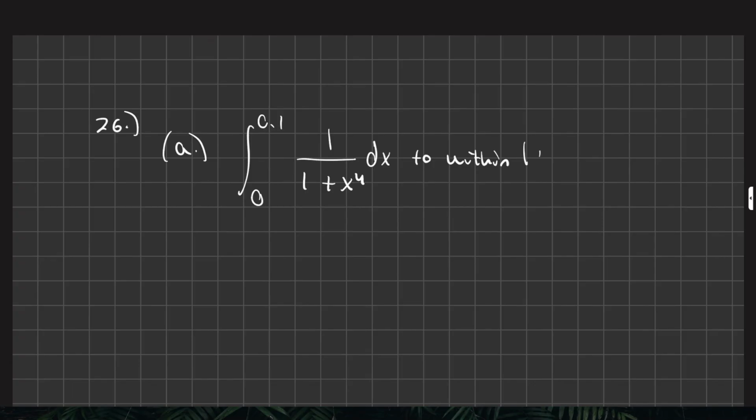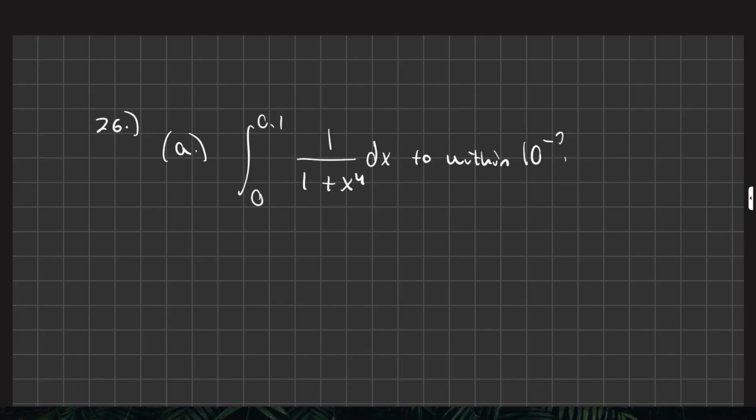So we want to use series to approximate the following integrals. So we have the integral for a is from 0 to 0.1 of 1 over 1 plus x to the 4th dx to within, they tell us, 10 to the minus 7th again.